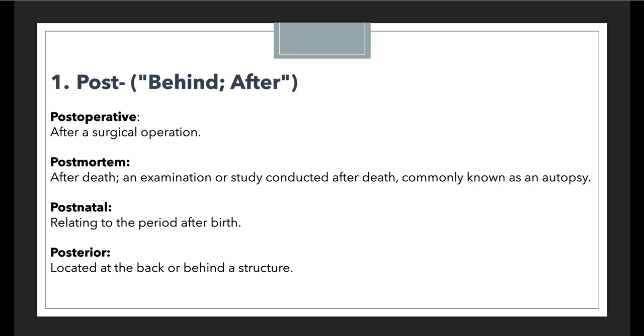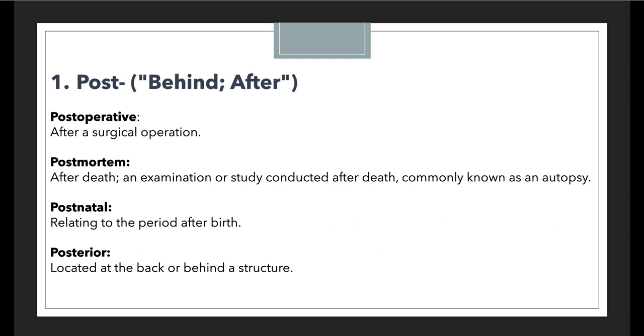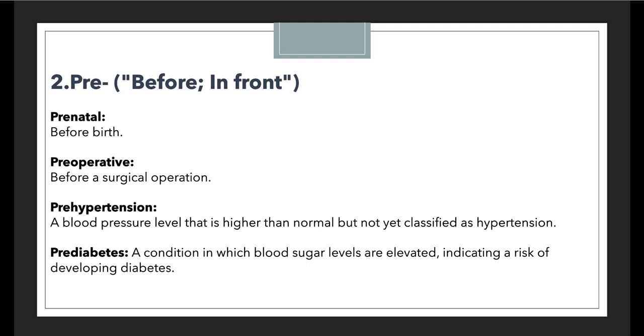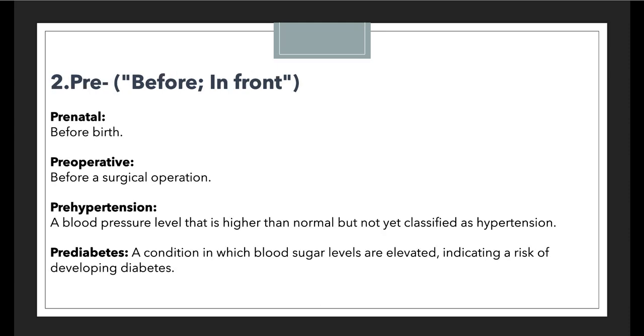Then we have another prefix, pre. Now pre is just the opposite of the post prefix. If you compare, in post we are showcasing something as behind, so here we are showcasing something as in front. For post we use it to showcase something as after, and here we are showcasing before.